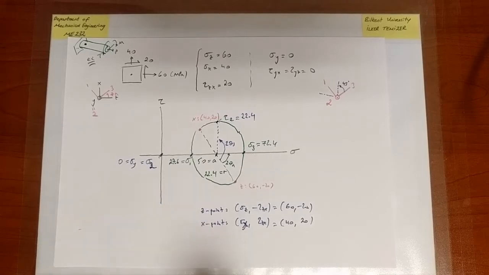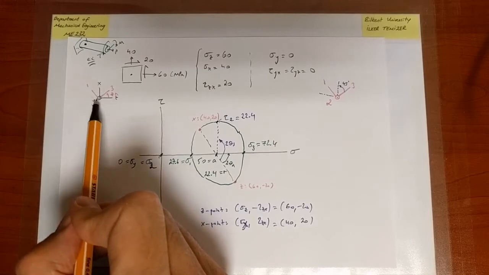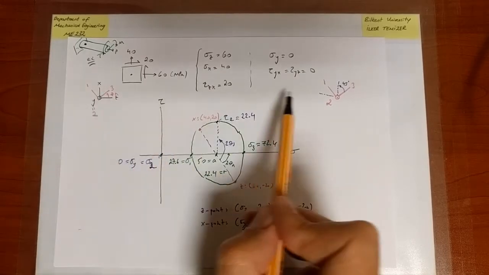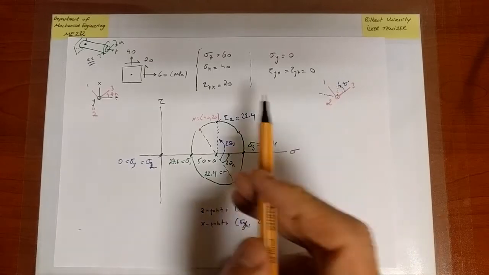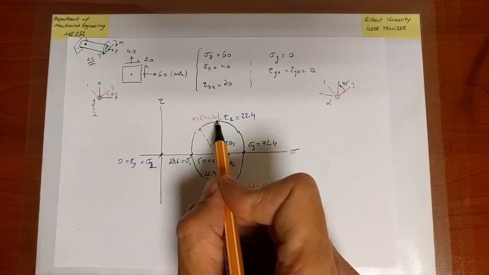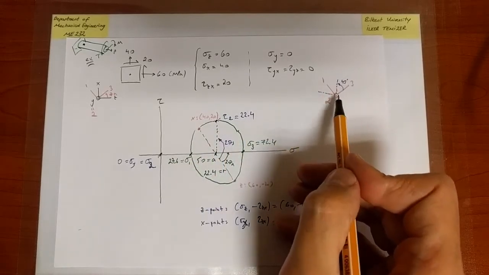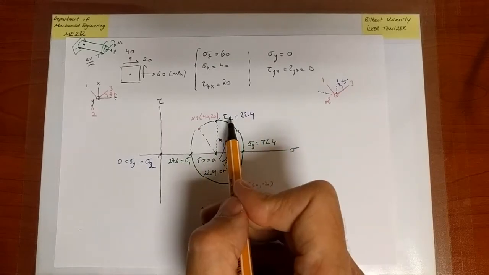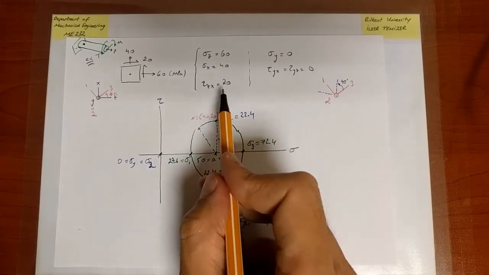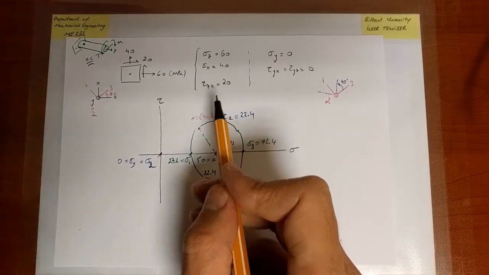a certain critical value. Now I search for all rotations about the y-axis or about the 2-axis, which is the principal direction, and I see that if I go up to this point, which is located like this for rotations about the y-axis, the shear stress I observe is 22.4, which is certainly larger than what I found earlier, right?